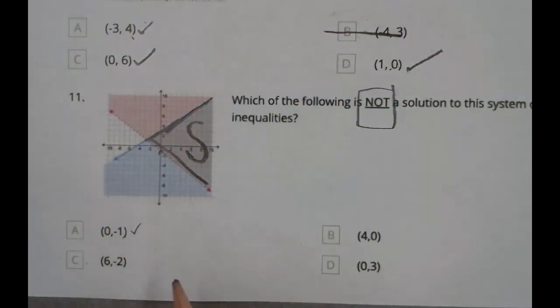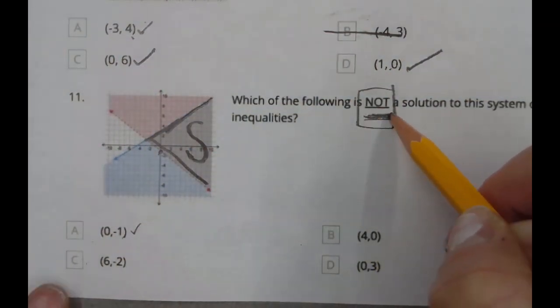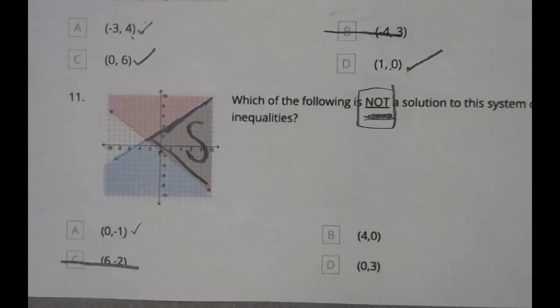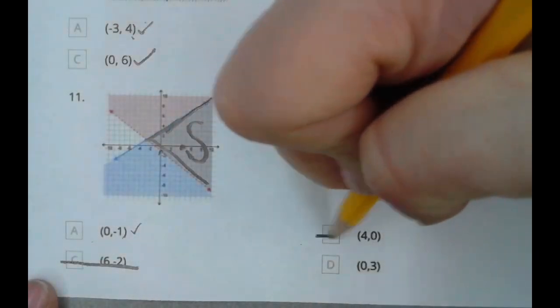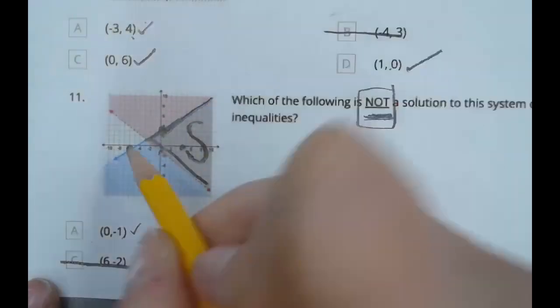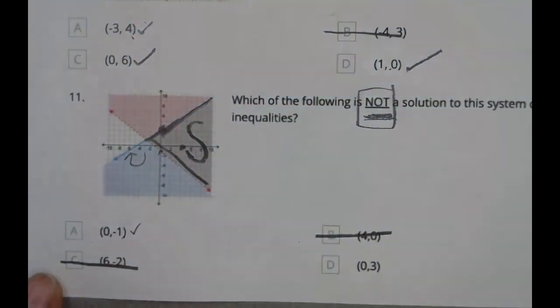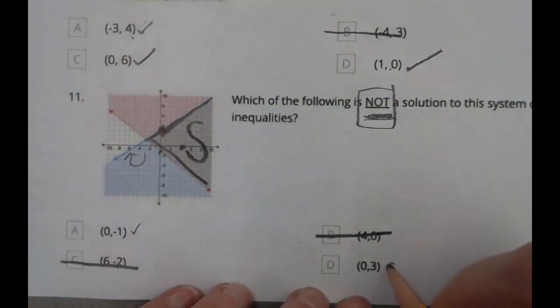That is a solution. The question is asking us which one is not a solution, so C cannot be the correct answer. B is at 4, 0. That's definitely in the gray, so that's a solution. D is at 0, 3. That lies on the blue line. This blue line here is definitely solid, which means this is a solution.